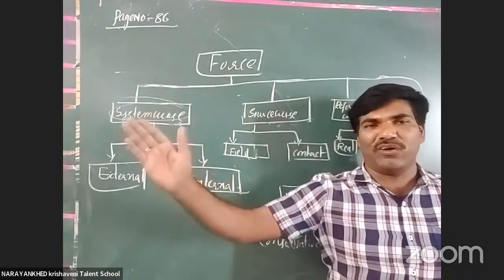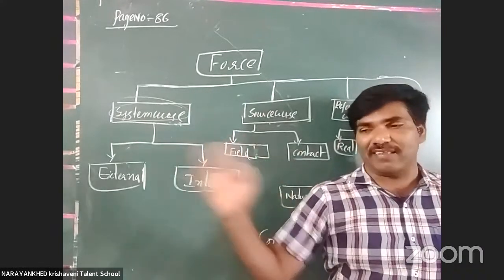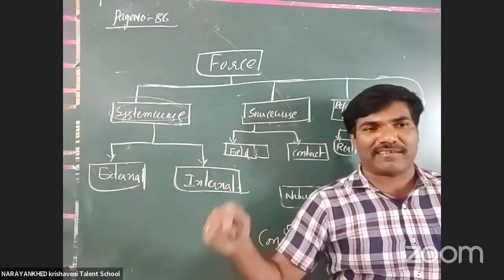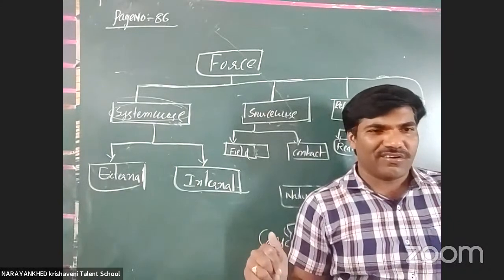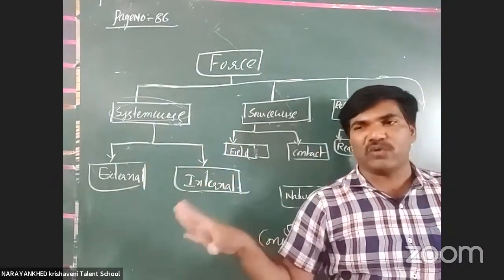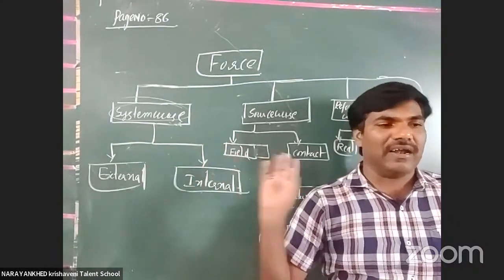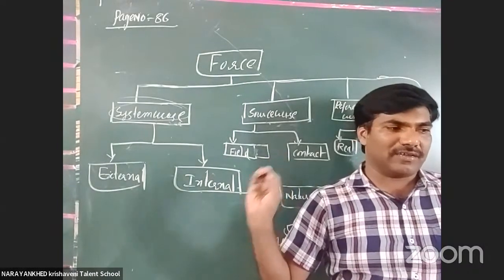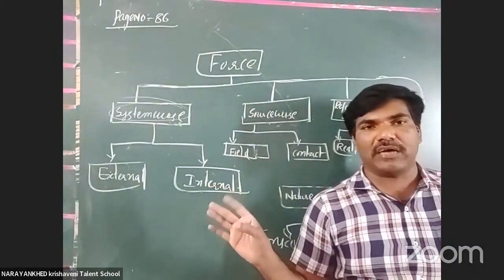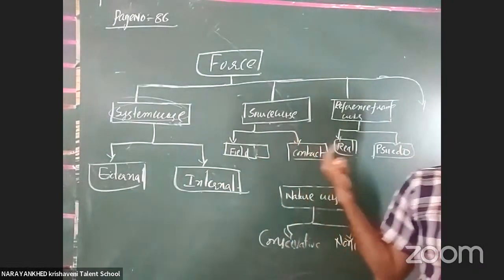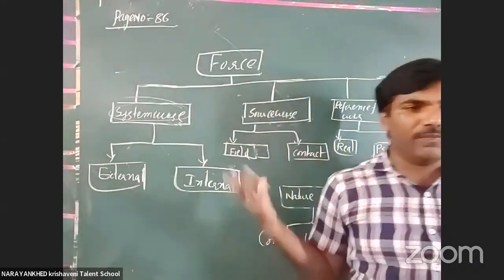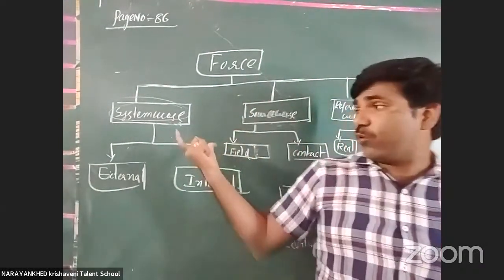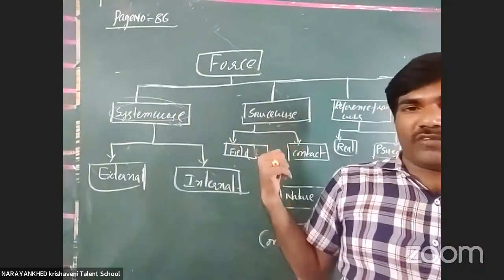Action is equal to minus reaction. This is conservative. Why? Because action plus reaction becomes zero. But if it is not equal, we call them non-conservative forces. Okay, got it? These are the different types of forces. I hope you understood. There are four types of forces in total.